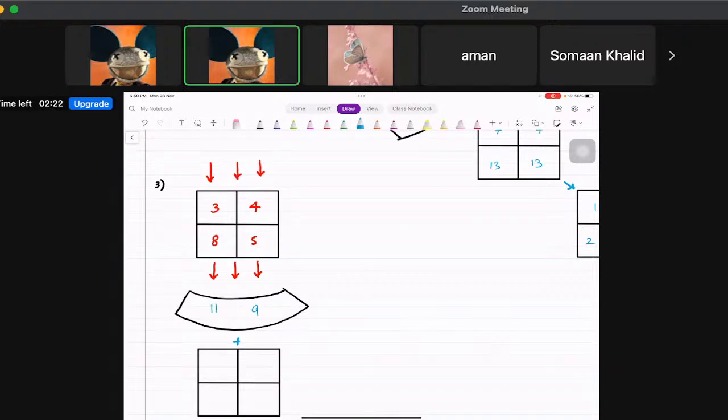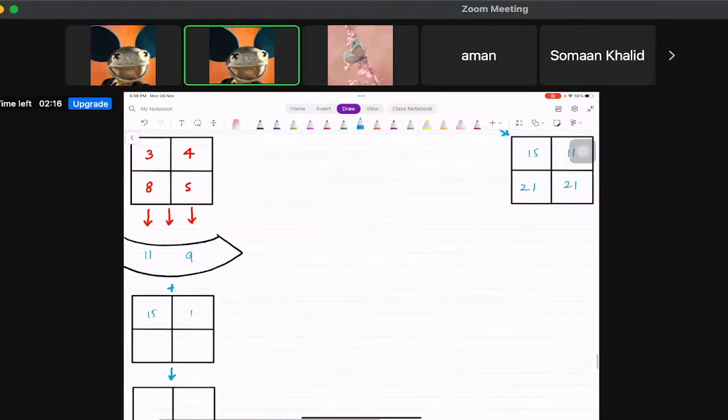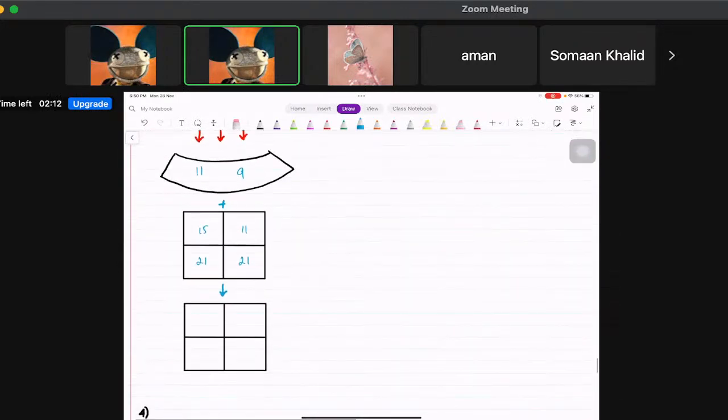The previous reading was 15, 11, 21 and 21, and now 9 will be added to 11. So on the top right, it's going to be 9 plus 11 is 20, and 9 plus 21 is 30. Whereas 11 plus 15 is 26, I believe, and 11 plus 21 is 32. Any questions?